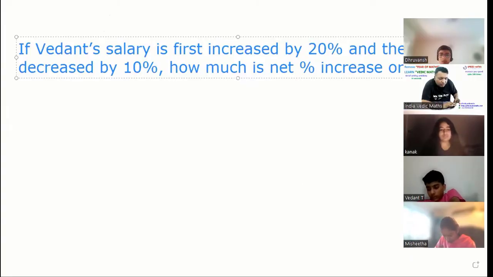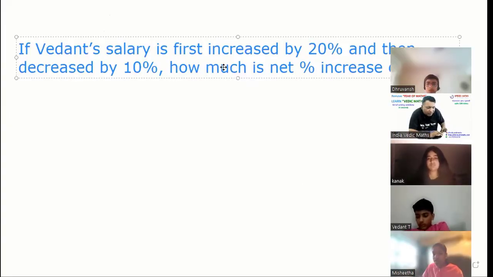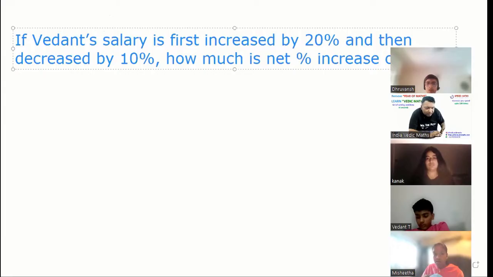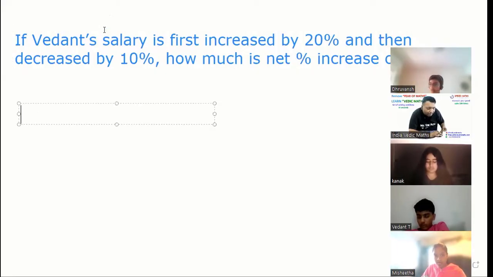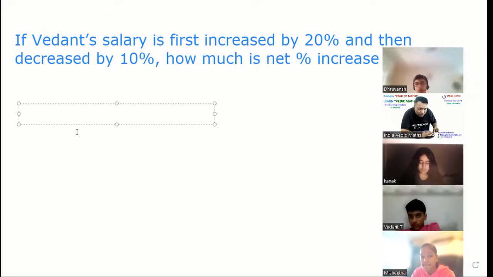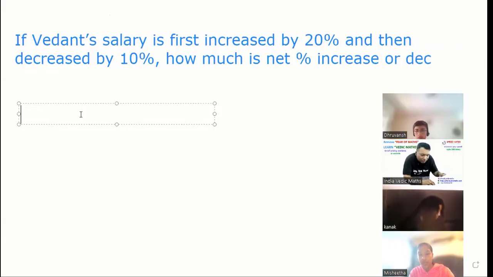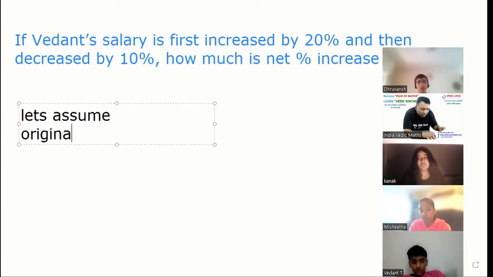So get well soon. Now, Mishita, if Vedant's salary is first increased by 20%, what is the net percent increase or decrease? We don't know the original salary of Vedant, right? Did Vedant tell you? No, right? So let's assume the original salary of Vedant is 100.